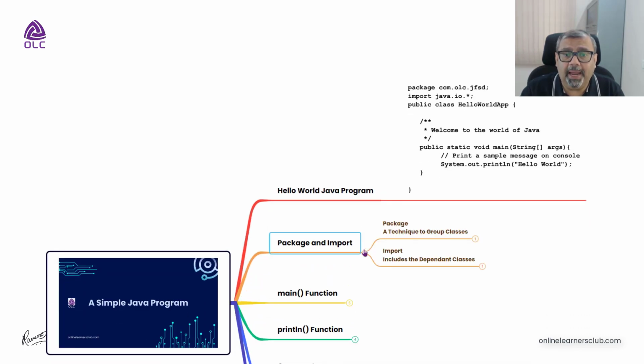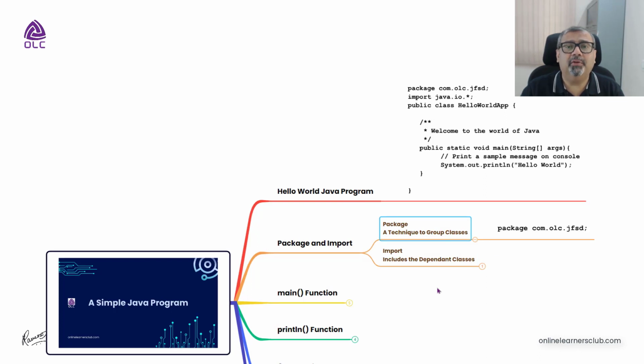If you look at the package and import, the package is nothing but a technique for grouping classes. You can create different packages depending on your requirement. On a physical file system, a package represents a particular folder. You can have multiple subfolders, and those subfolders represent multiple sub packages.